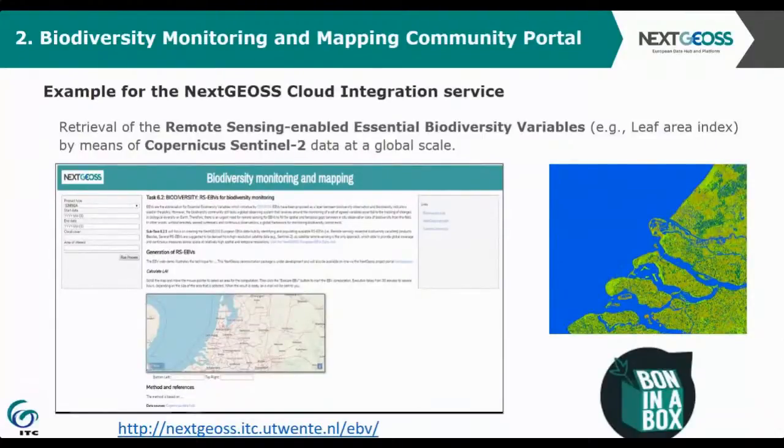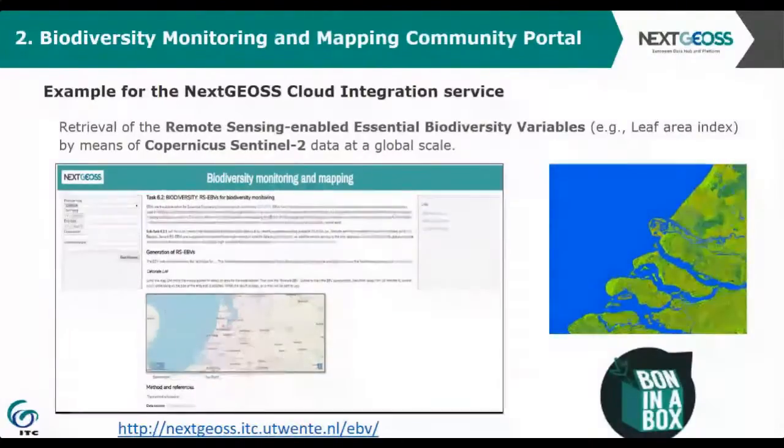The generation of such a product not only allows us to monitor biodiversity and changes better, but is also useful for any type of user who demands such products. These generated products can also be populated in the future in the GEO BON online toolkit called Bon in a Box.